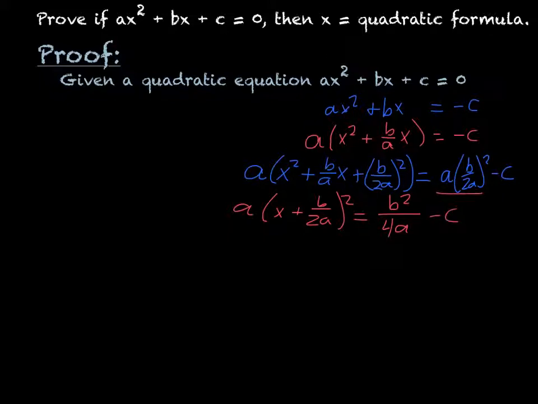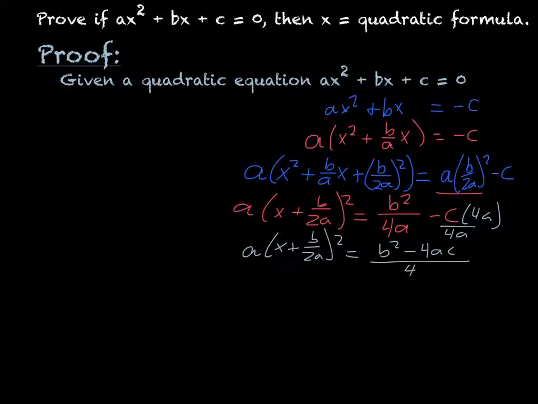Now I want to make a common denominator on the right side, so multiply this times 4a over 4a, so that's going to make me have b squared minus 4 times a times c over 4a.